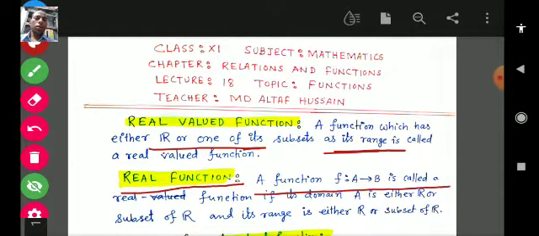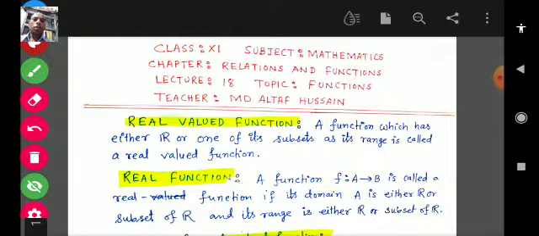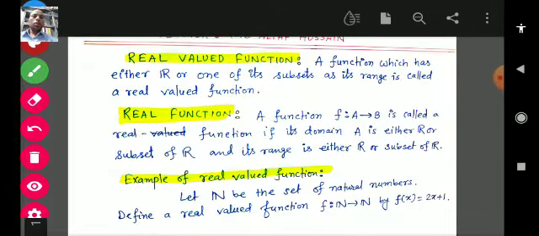A function f from A to B is called a real function if its domain A is either R or a subset of R, and its range is either R or a subset of R. So here we are saying the domain and range both will be the real number set or a subset of the real number set.